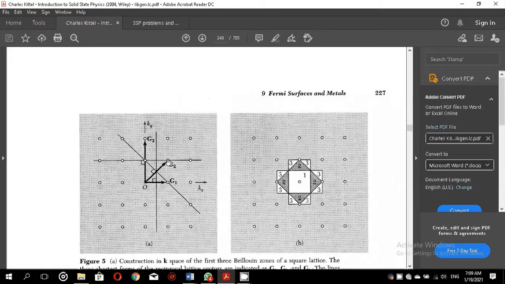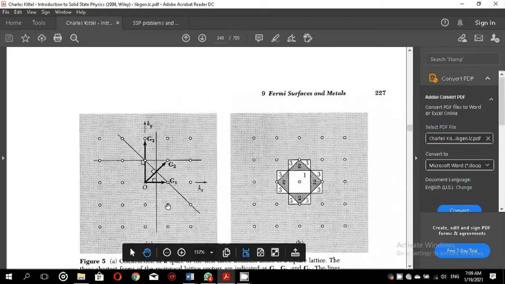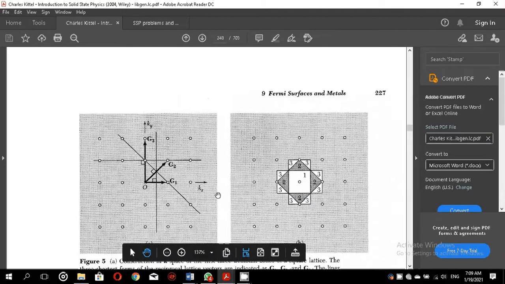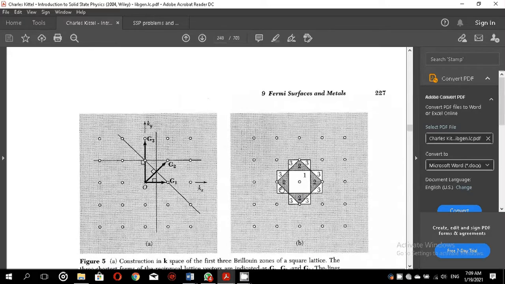Now the next nearest neighbors are this one, this one, this one, and this one. So based on the next nearest neighbors we have the reciprocal lattice vectors like G2. These G2 make up the second Brillouin zone as shown by this square which I am scanning. So this square is the second Brillouin zone.